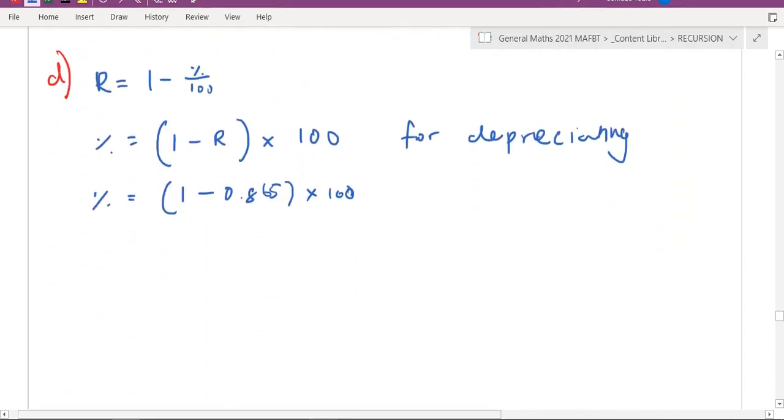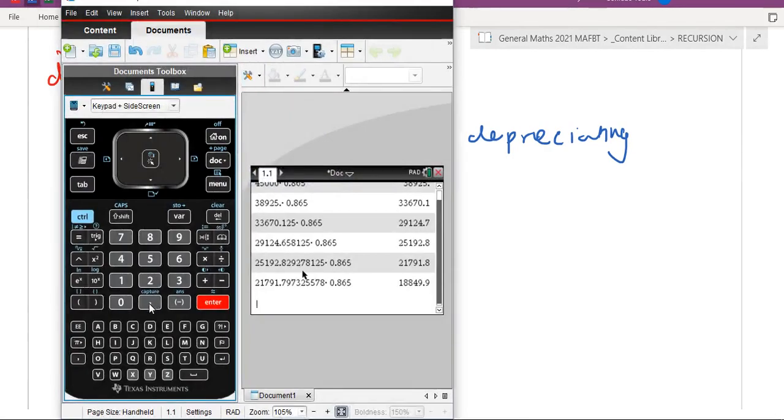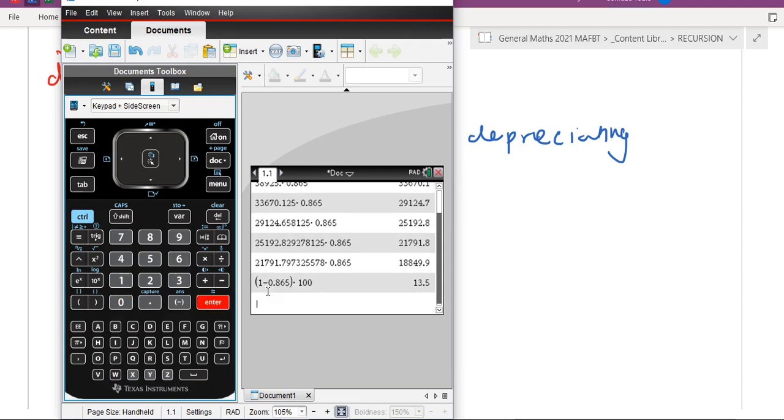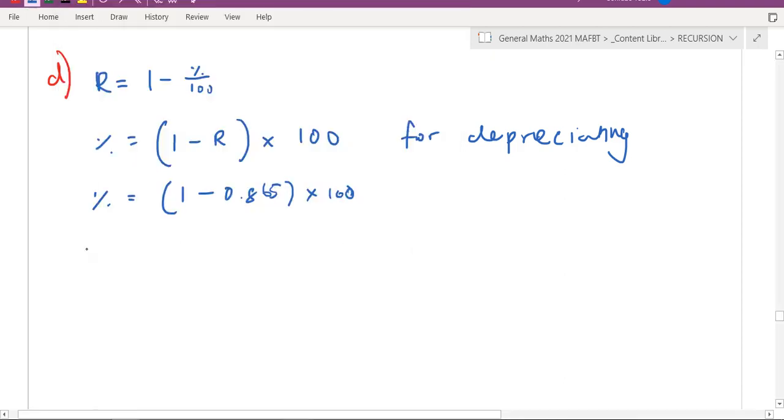On the calculator, 1 take away, let's put it in brackets. Always put brackets for these ones. 0.865, multiplied by 100, and it should equal 13.5. So the percentage rate is definitely 13.5.